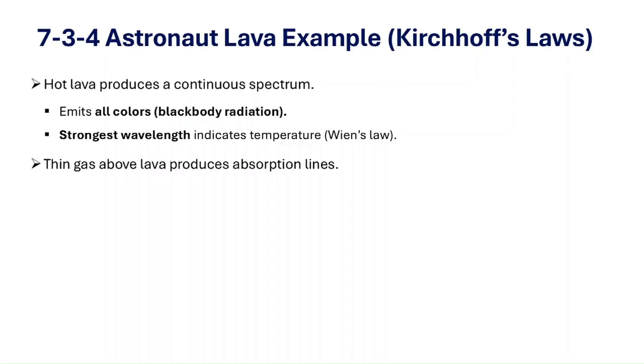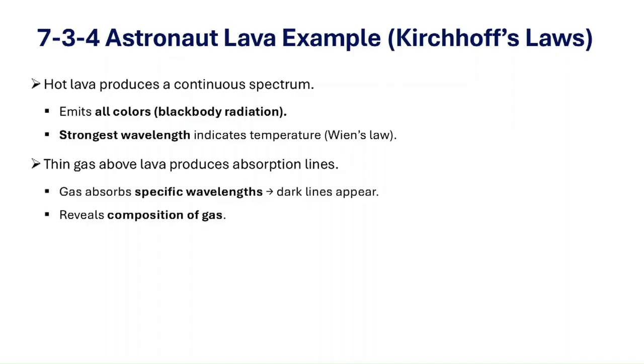Now imagine the astronauts look through the thin cooler gas above the lava. So now Kirchhoff's second law kicks in. The light from the hot lava passes through the gas and the gas atoms absorb very specific wavelengths. So they reveal the composition of the gas floating above the lava, just like in a star's atmosphere.